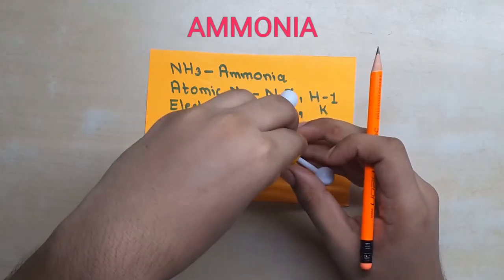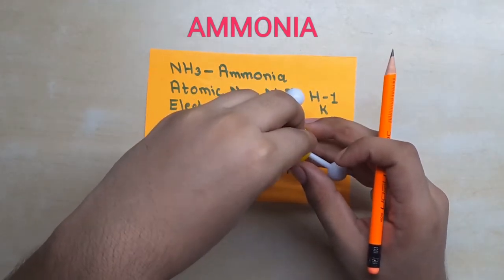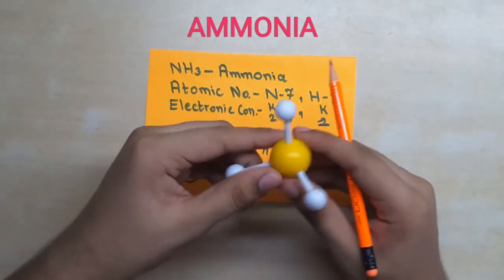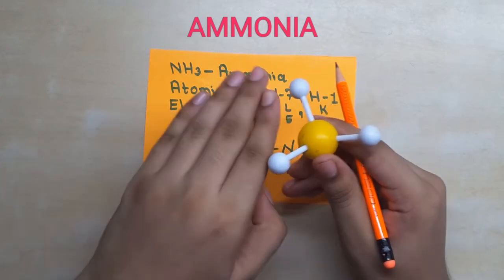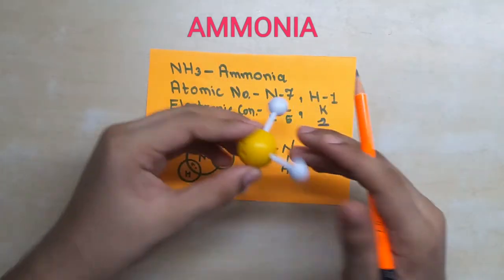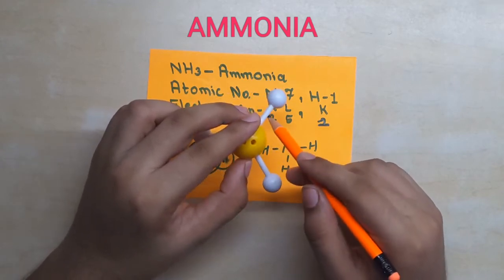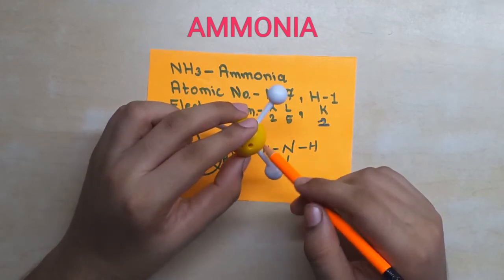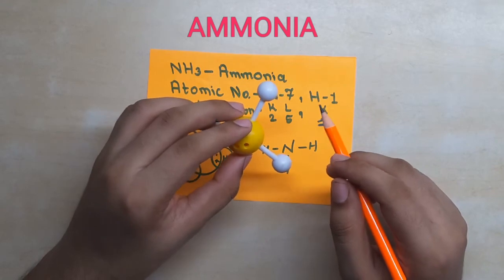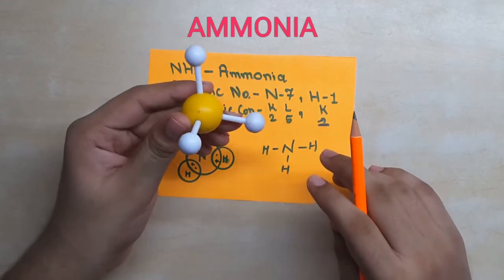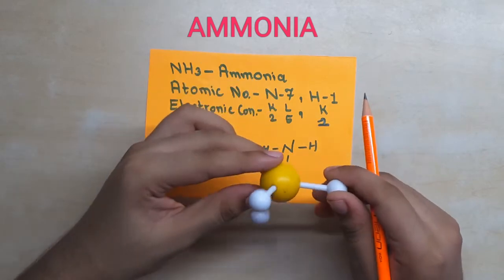And this creates more negativity which repels the hydrogen atoms downwards. So the actual bond angle between the hydrogen atoms in ammonia is 109.5 degrees instead of 120 degrees. And this shape is called a trigonal pyramid.